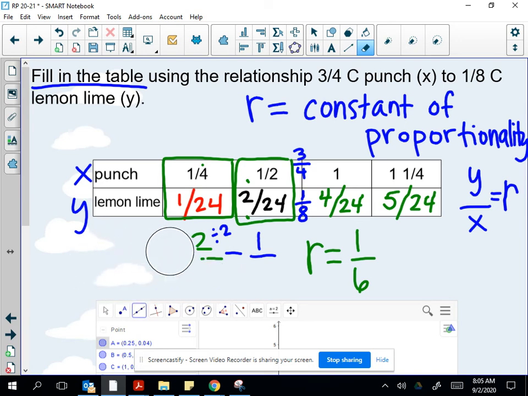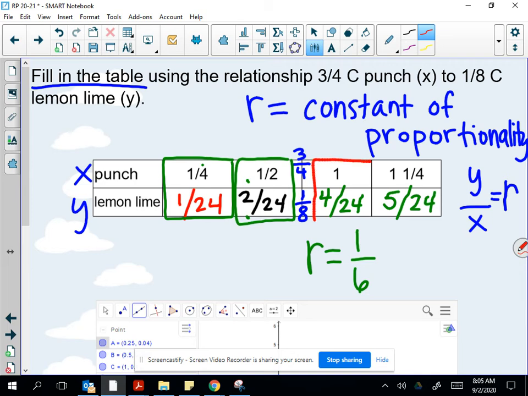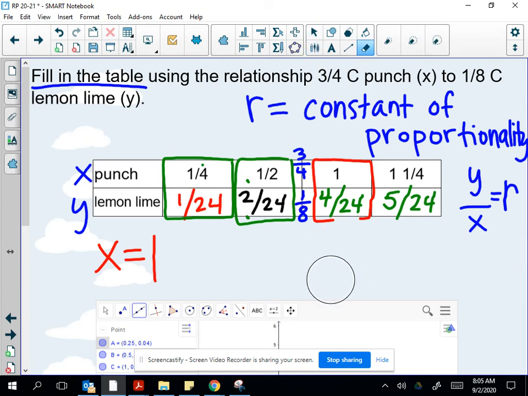Another thing you could think here that's important, and this is where it connects to unit rate. The constant of proportionality would also be the point in your table or on your graph where x equals 1. So what I see here, I'm going to erase that out of our way for a second.